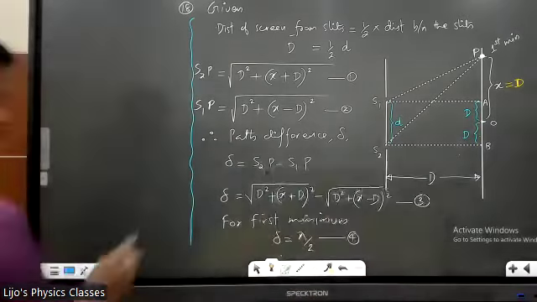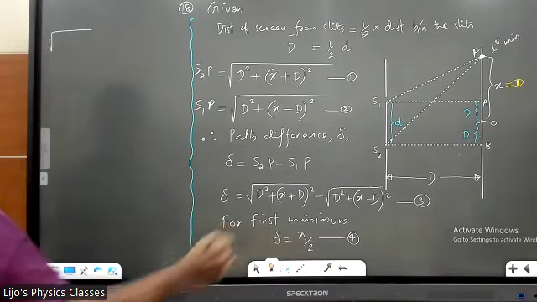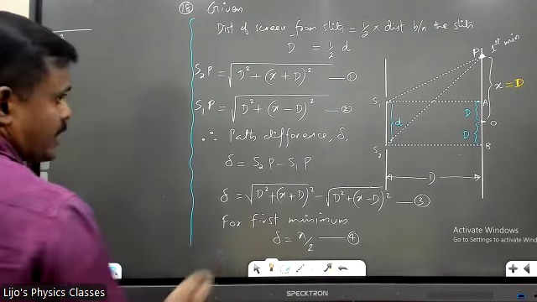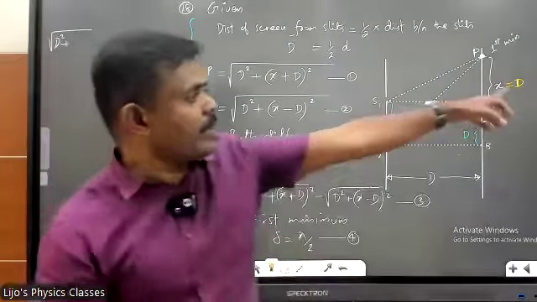I'm going to substitute now. Root of D square plus, I'm going to substitute for x value. X is d, right?